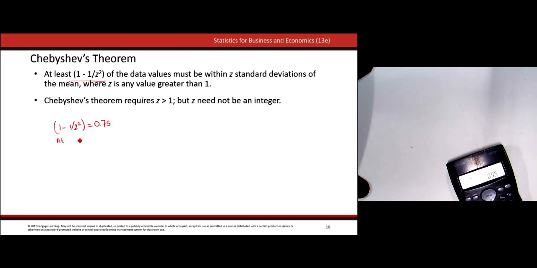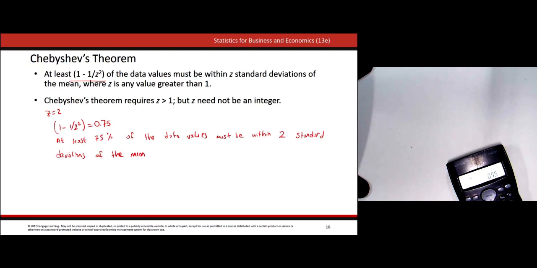This means at least 75% of the data values must be within 2 standard deviations of the mean.